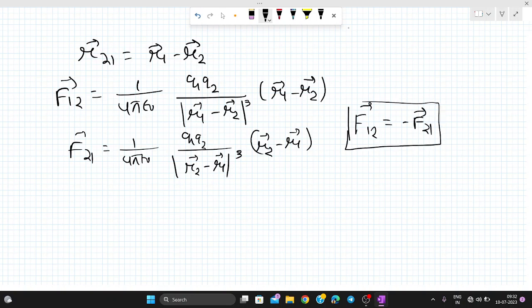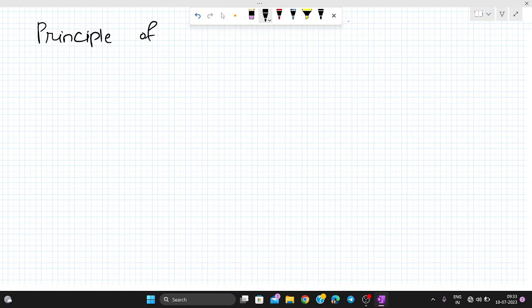Okay, fine. Let us see one important concept from here, that is the principle of superposition. You have to remember the definition for 2 marks or 1 mark questions. I will write the definition of this principle of superposition, that is, forces between multiple charges.